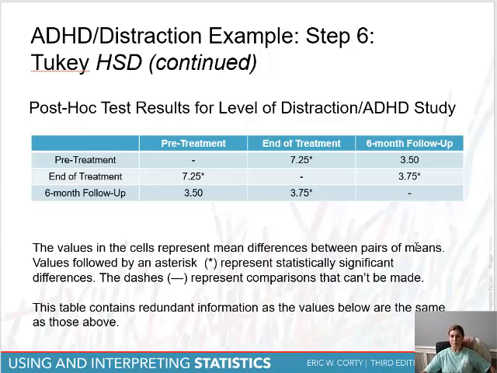So the very last thing that we do with our 6 steps is our 4-point interpretation. In this case, it's always restating the purpose of the study, which is to determine whether a behavioral intervention is effective in reducing distractibility. In this particular study, it was found that there's a significant effect of this treatment on distractibility levels.